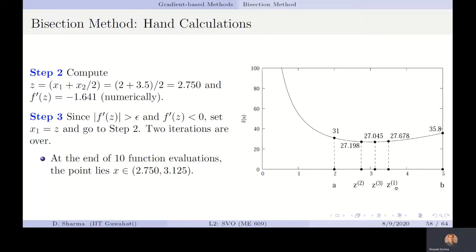You can locate Z1 with its objective function value 27.67, Z2, similarly Z3. So this is the way you can see how we are eliminating the region, and finally, based on the termination condition, which is epsilon, we will converge to the optimum solution.